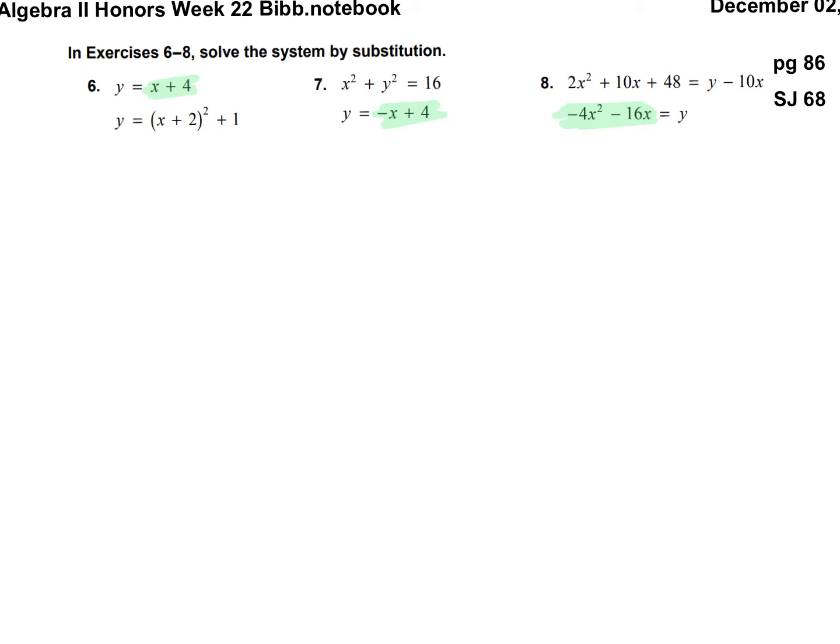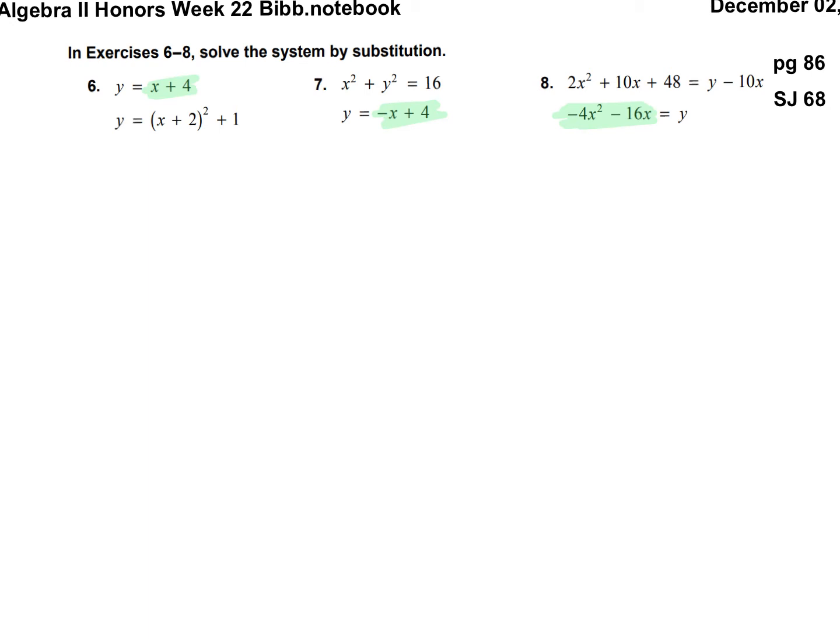Next thing I want to point out, when you do these problems, you are going to possibly get i for an answer. Remember, when you're solving by graphing, you're looking for where the two would intersect.